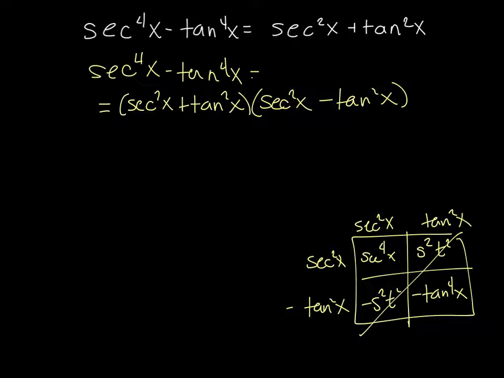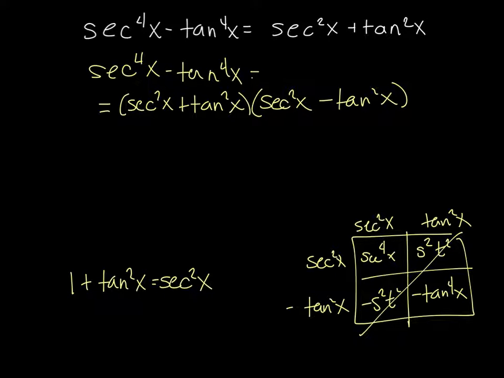Now, secant squared and tangent squared, we have this identity, 1 plus tangent squared equals secant squared. Okay, so here's another thing that I'm going to do. Sometimes you want to not necessarily substitute, because we could here, but I want to try something different this time. Instead of substituting, I'm going to manipulate this identity first and then substitute.